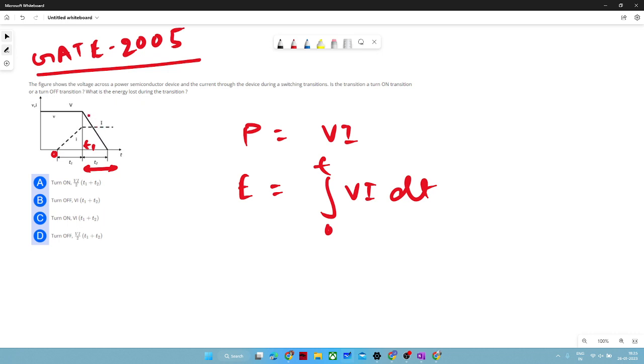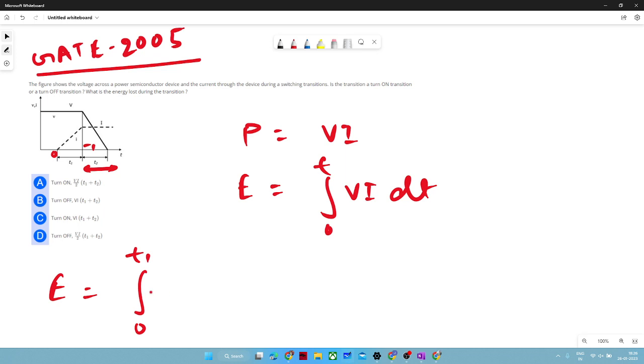For the second transition, voltage is coming back to zero, and current has reached its final value. So during this duration the switch is in on condition, and during the first period the transition of current is happening, and in the second the transition of voltage is happening. So we can integrate, and here voltage is constant for t1, right? So energy we can write from 0 to t1.